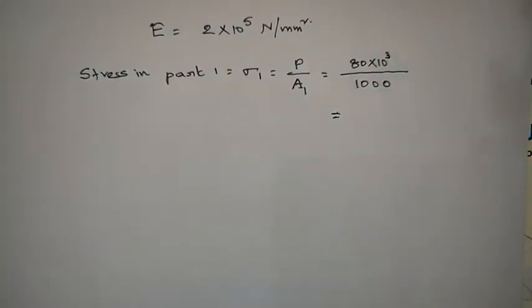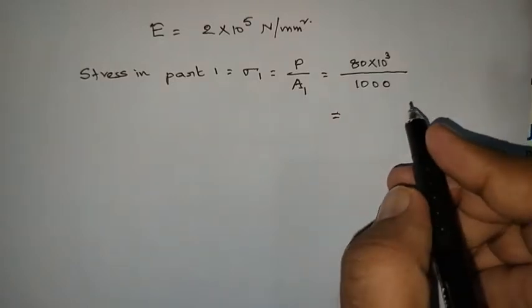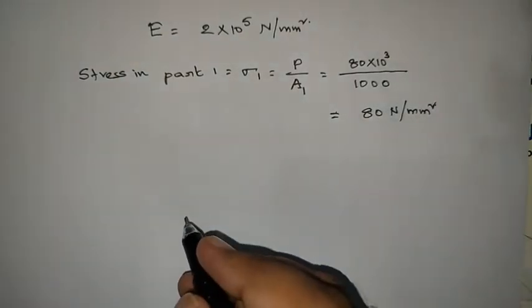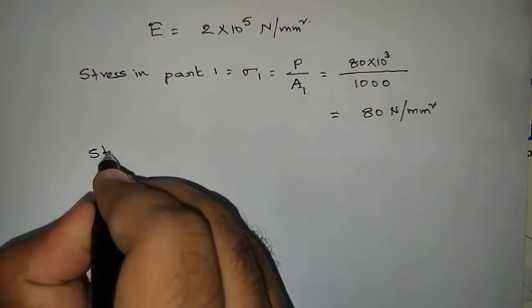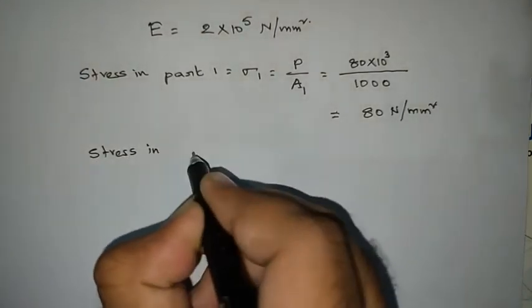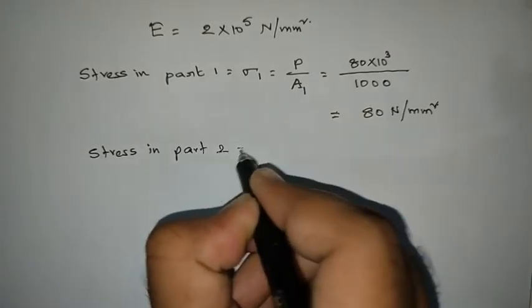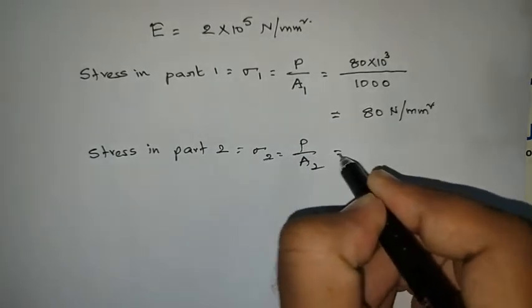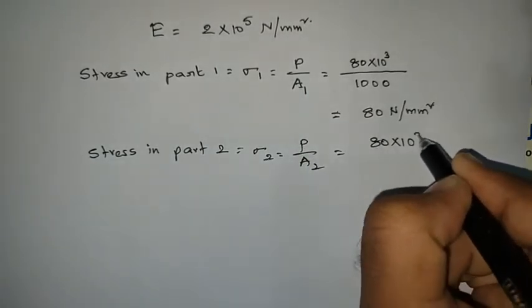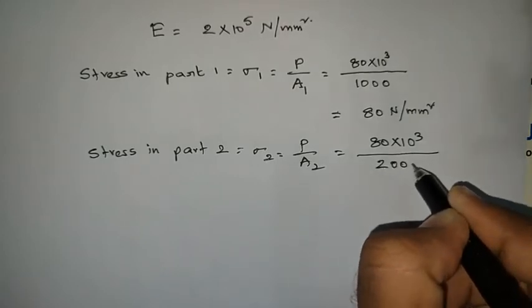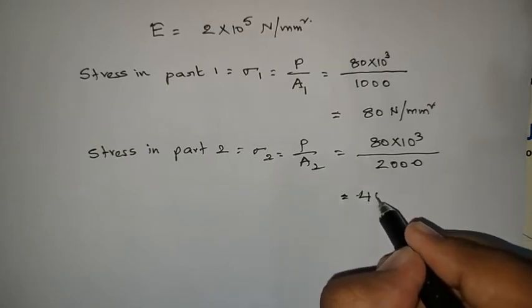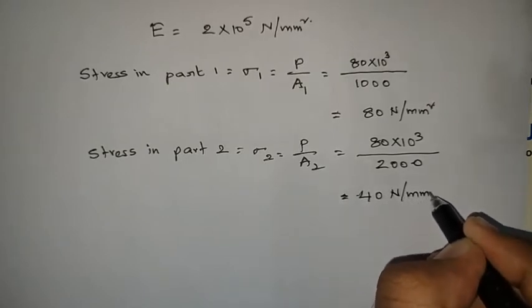So 80 into 10 cube by 1000 equals 80 Newton per mm square. Next, calculate the stress in part 2. Stress in part 2 is sigma 2, and that equals P by A2. So 80 into 10 cube by the A2 value of 2000 will be equal to 40 Newton per mm square.